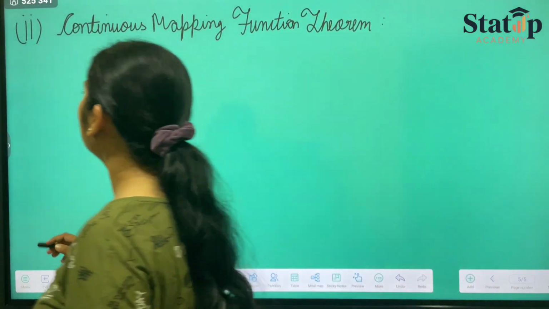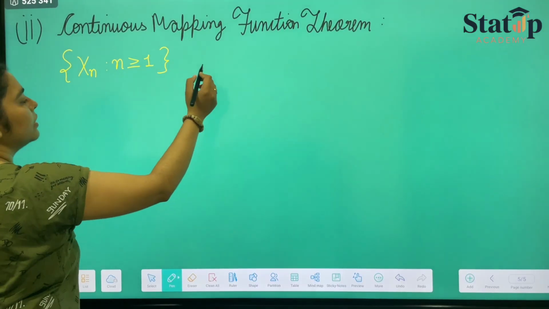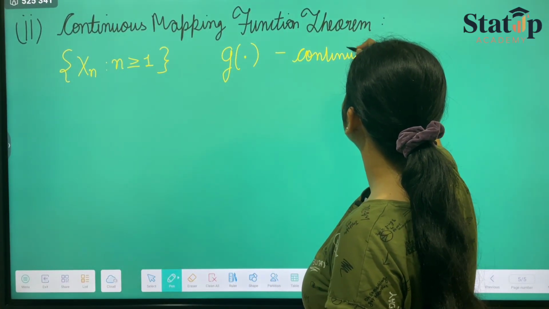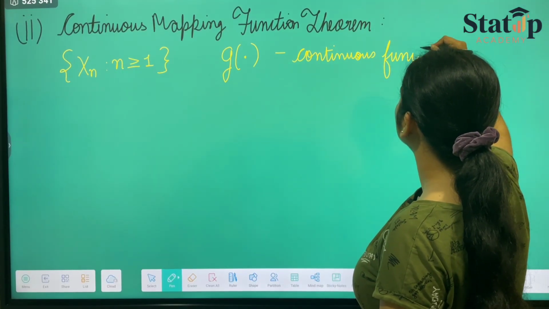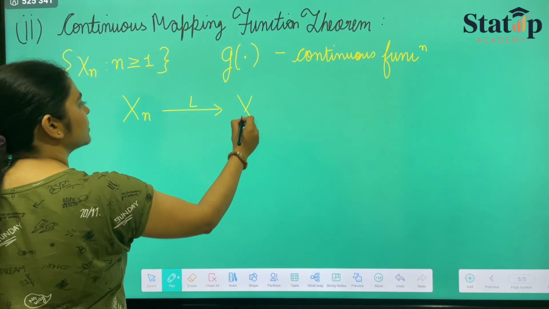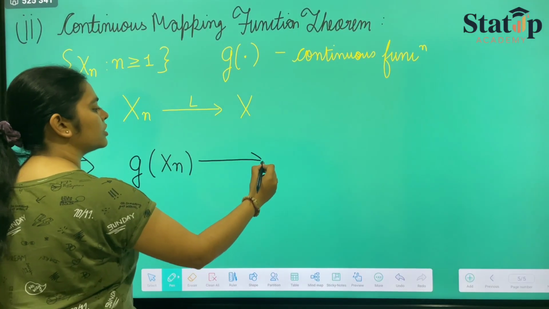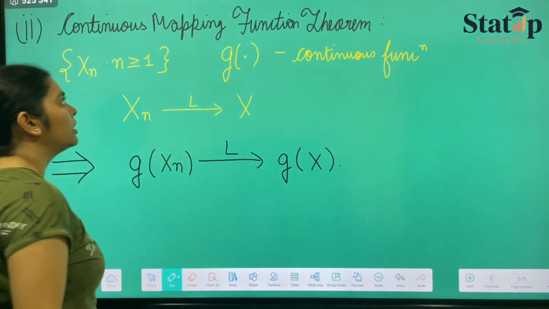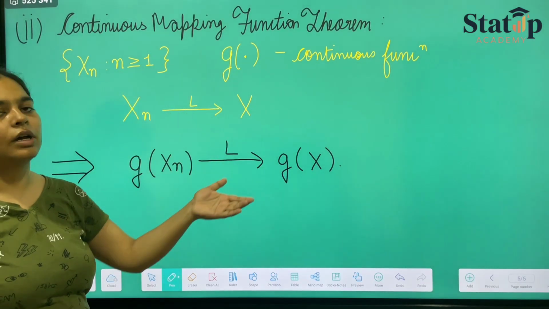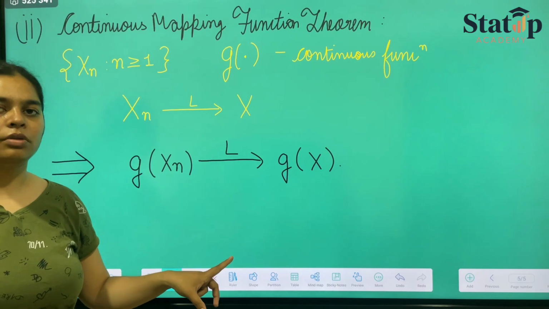So in this property, what happens is, if we have a sequence of random variables Xn, and if we have a continuous function, let us suppose it is g(.), and we have Xn in law converges to X, then we can say that the function of Xn, g(Xn), also converges in law to the function of X, g(X). This is our continuous mapping theorem, where we have been given Xn, a sequence of random variables, and g(.), a continuous function, and Xn in law converges to X. Then the function of Xn in law also converges to the function of X.